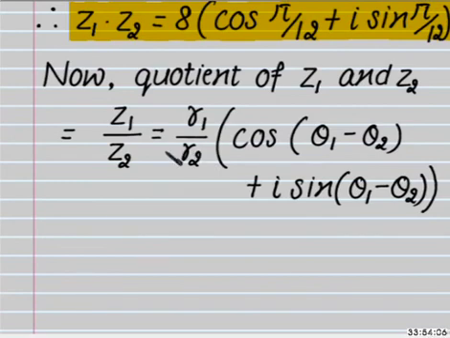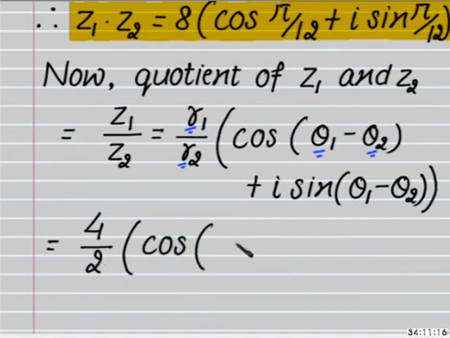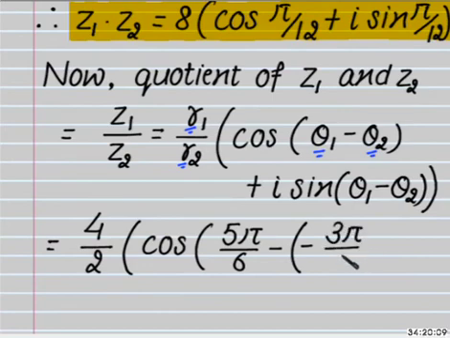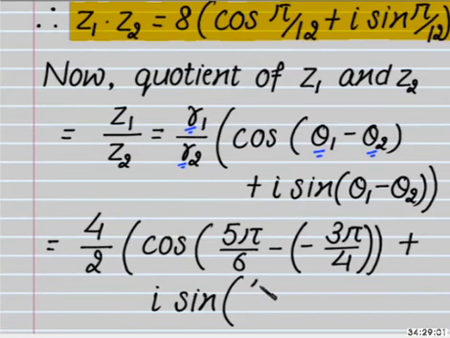So here, placing the values of R1 and R2, theta 1 and theta 2, we get it is equal to 4 upon 2 into cos of 5 pi by 6 minus 3 pi by 4 plus iota into sine of 5 pi by 6 minus 3 pi by 4.